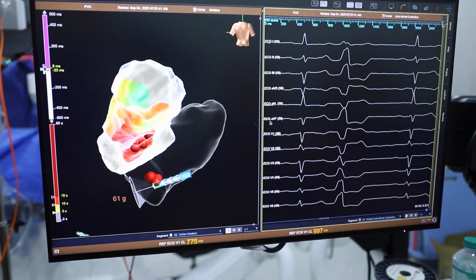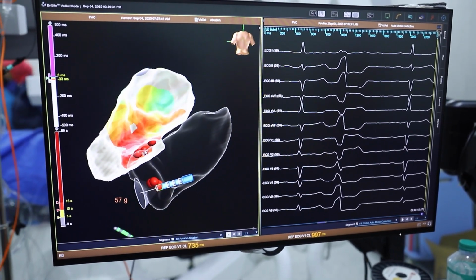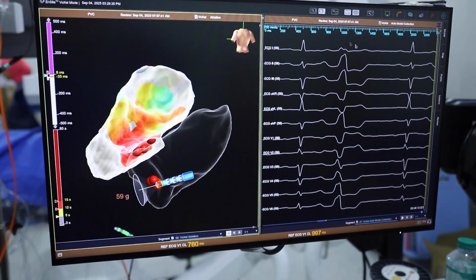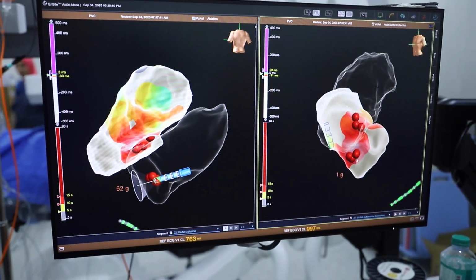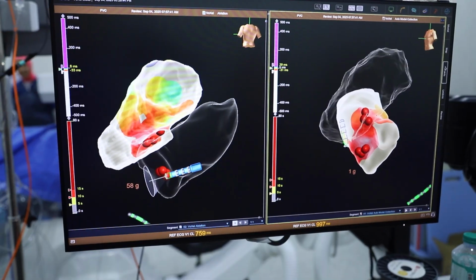This is where we started the first map. This is our RVOT, and we found some early signals on the posterior side. After that, we also went to the LVOT. Can you show us some intracardiac signals, please?